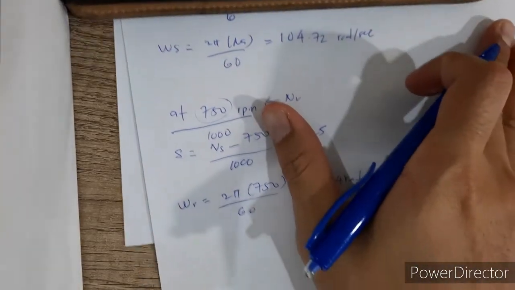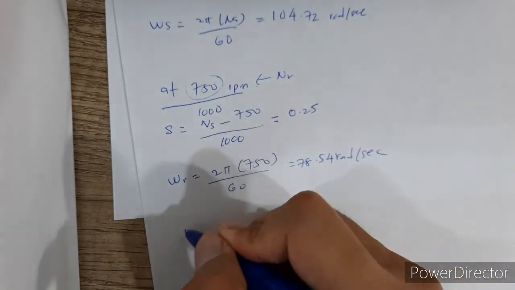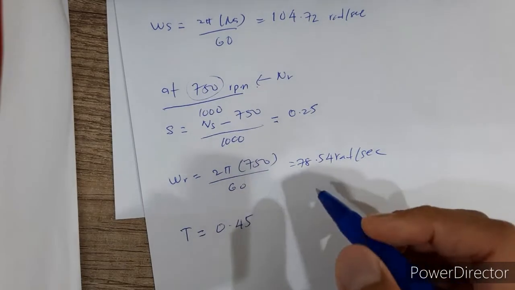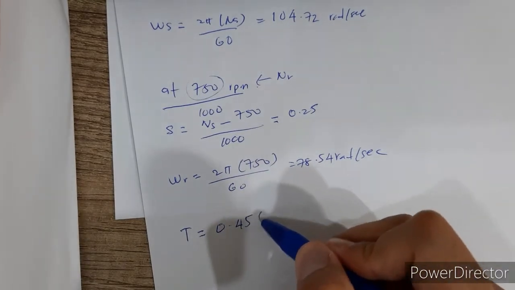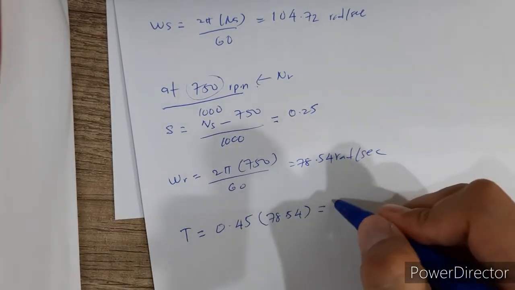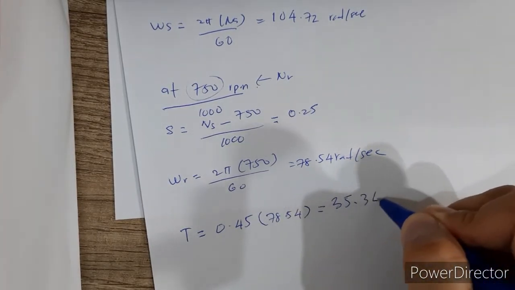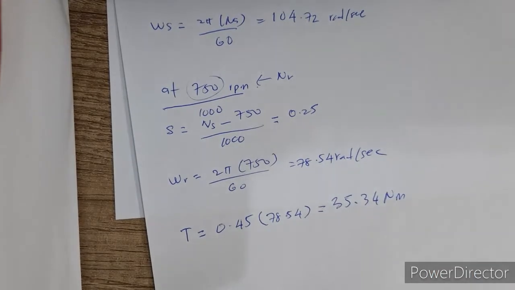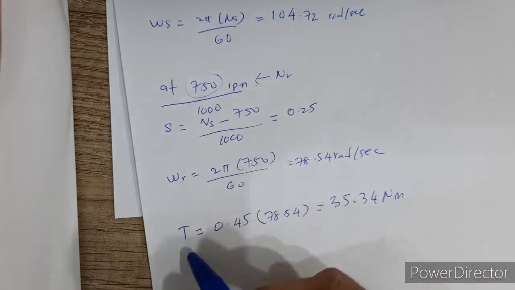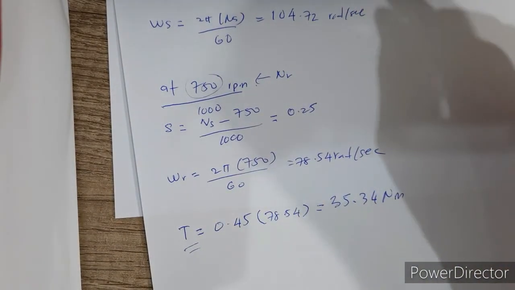For the first question, we can determine torque T, 0.45 multiplied by omega R. Omega R is 78.54, so the torque is 35.34 Newton meter.